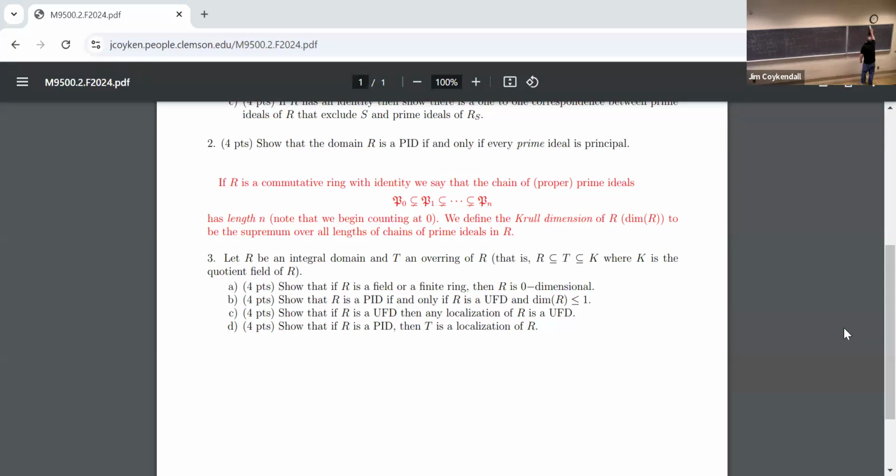Let me run you through this so we don't lose the thread. The claim is that P is generated by P1, P2, up to PK, Y1A, Y2A, up to YmA. So it's not quite J times that. I don't know what I was thinking.